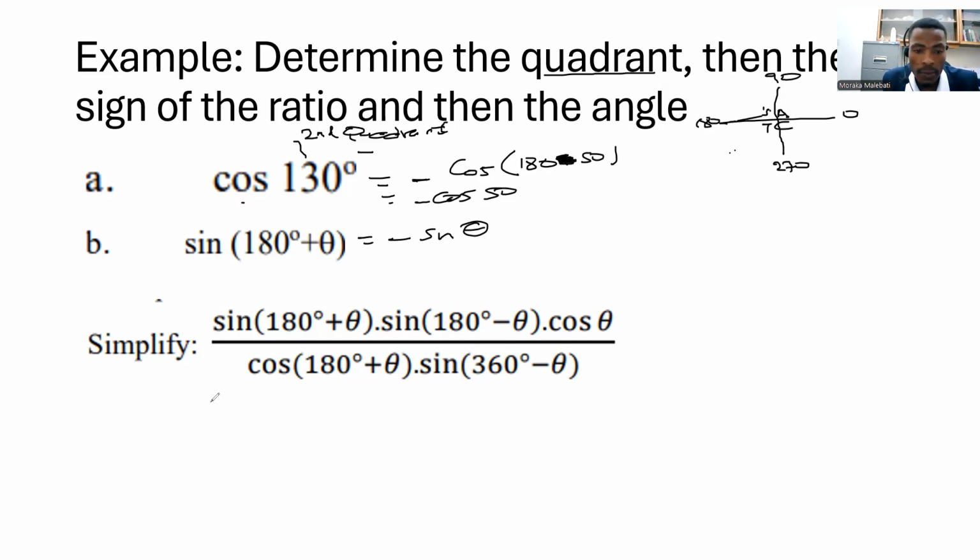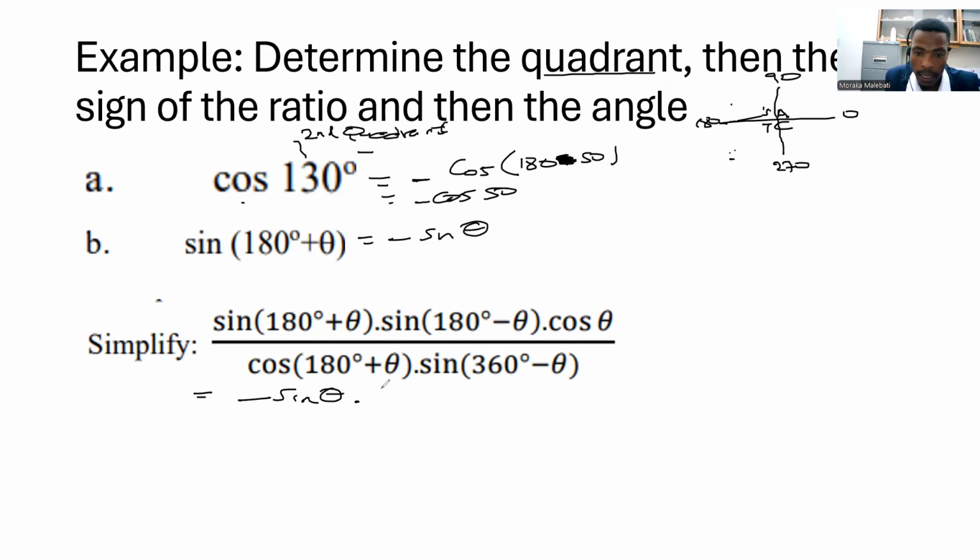Then let's now simplify everything all together. Then we can say now sine 180 plus theta, whatever. We start to determine the signs. We know 180 plus is in the third quadrant, but sine is negative, and then multiplied by cos of 180 minus theta, which is in the second quadrant, and in the second quadrant cosine is negative.